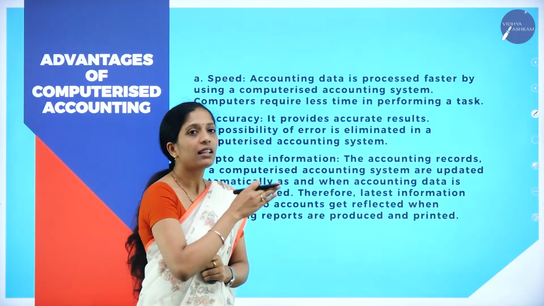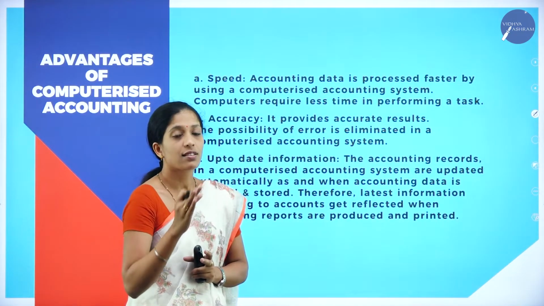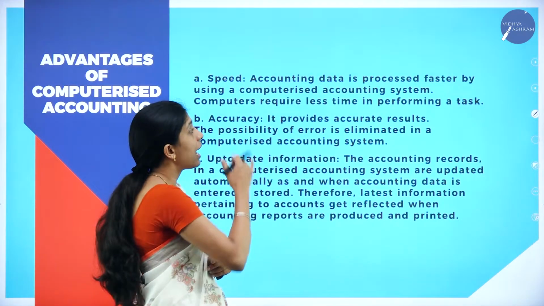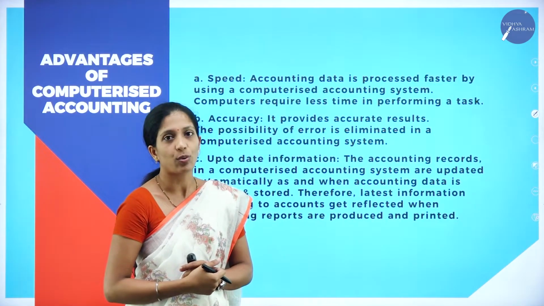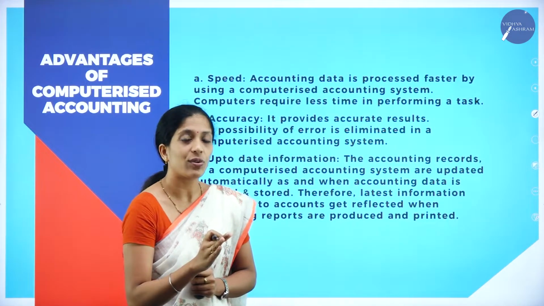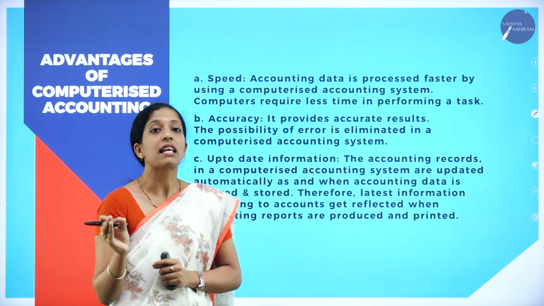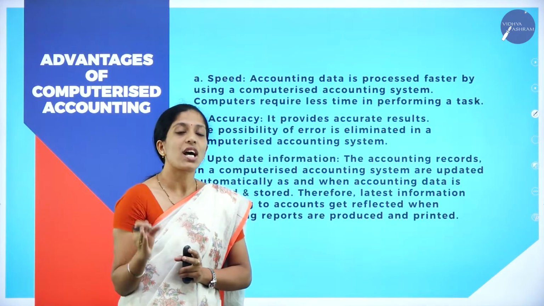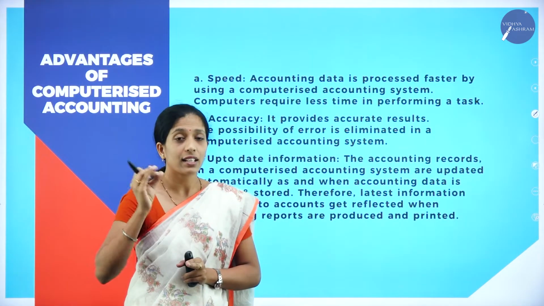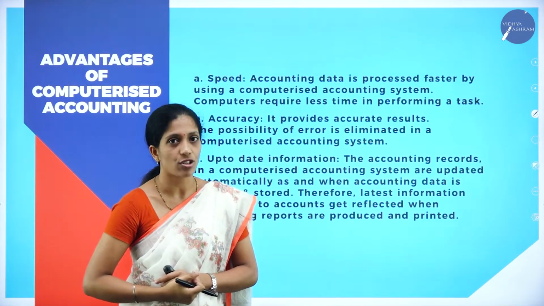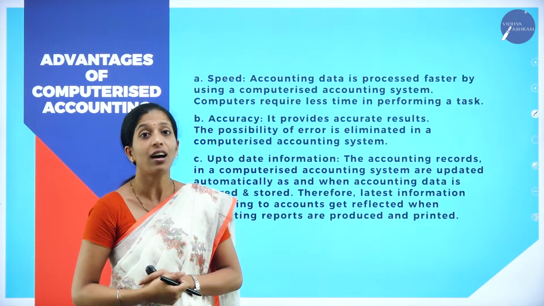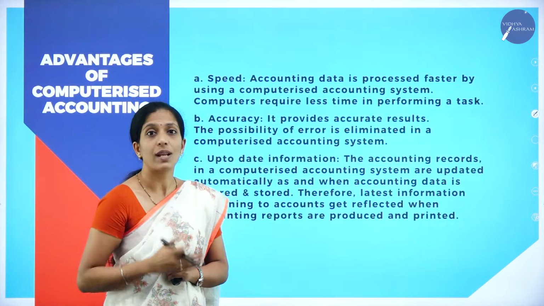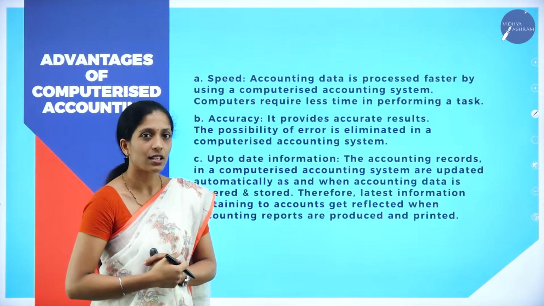Either they will ask the difference between both systems, manual as well as computerized accounting, or they will ask the advantages as well as disadvantages. Suppose they ask only advantages, then they will ask you to write any 6 advantages of computerized accounting system, or else they will just ask disadvantages, or else write any 3 advantages and 3 disadvantages of computerized accounting system for 6 marks. So go through all the advantages and all the disadvantages. This will help you in order to get 6 marks here.